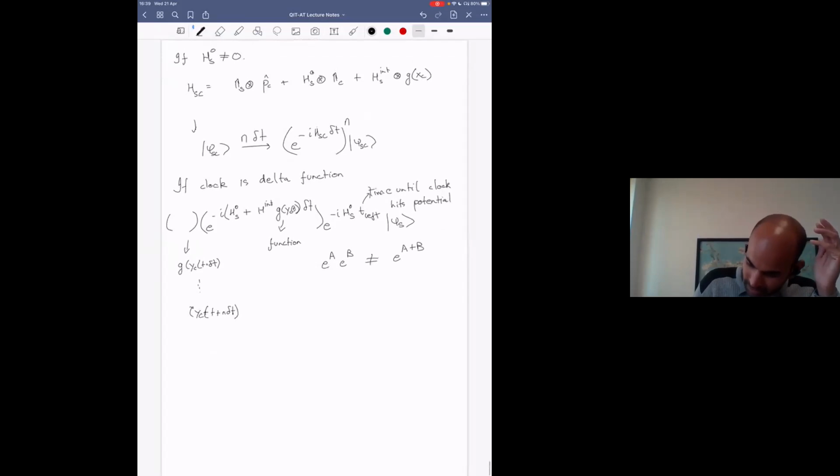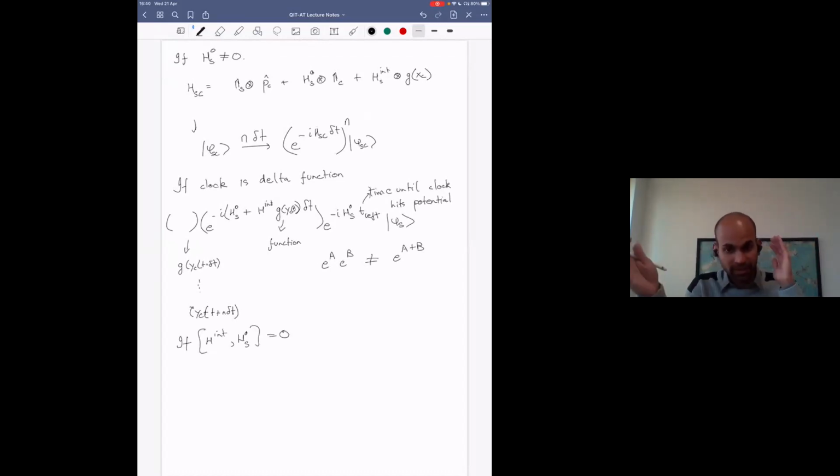Well, let's put it this way. If h int commutes with h naught of s, if the interaction Hamiltonian commutes with the natural Hamiltonian of the system, then every one of the matrices in each of these exponentials would commute, and we could put all of the exponentials together and add all of the terms.